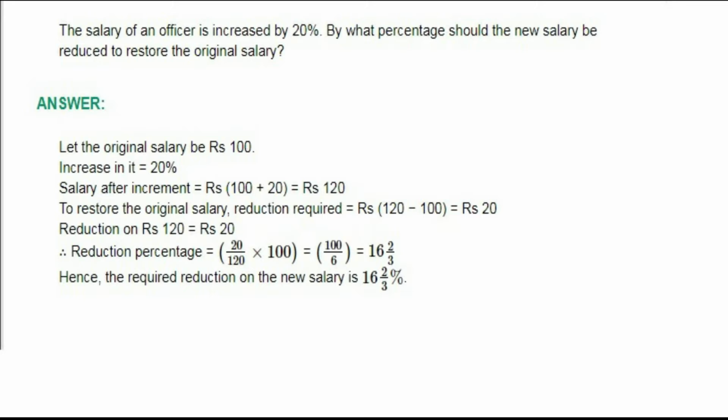So the formula is increase or decrease by initial value into 100. Now why are we taking 120 as the initial value? Because we are decreasing from 120 to 100. So the initial value becomes 120. So 20 by 120 into 100 is coming as 100 by 6, which is basically an improper fraction, and if we convert it into a mixed fraction, it is coming 16 2 by 3%.